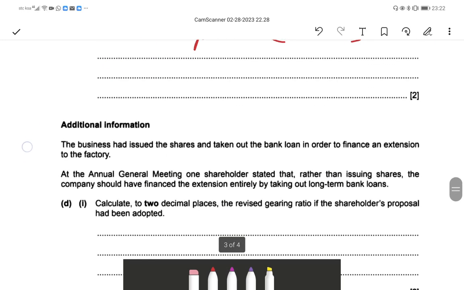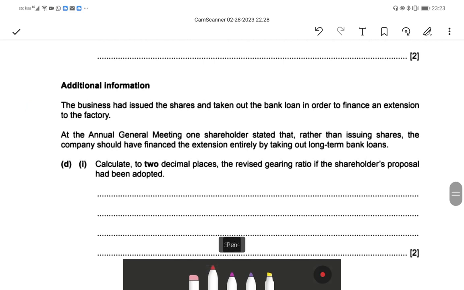Next, they have given the additional information. The business had issued the shares and taken out the bank loan in order to finance an extension to the factory. At the annual general meeting, one shareholder stated that rather than issuing shares, the company should have financed the extension entirely by taking out a long-term bank loan.